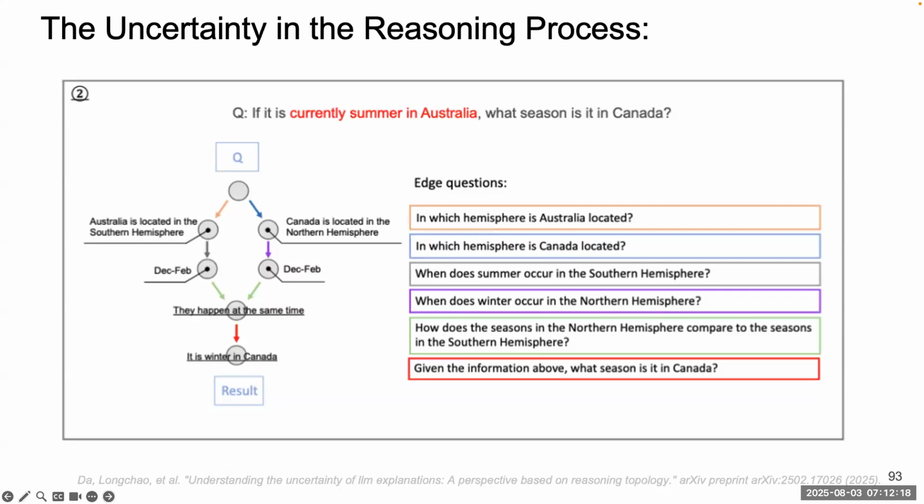And then they ask when does winter occur in the northern hemisphere? And then they ask how do the seasons in the northern hemisphere compare to the seasons in the southern hemisphere? And then they get the final answer, it's winter in Canada. So it's a slightly different reasoning path compared to the previous one, right?